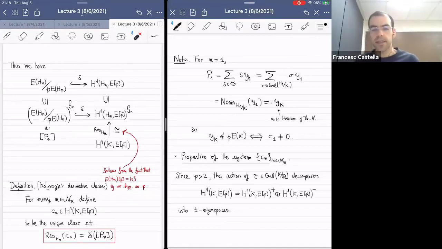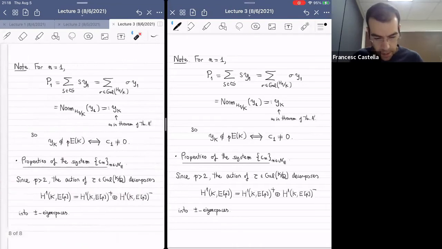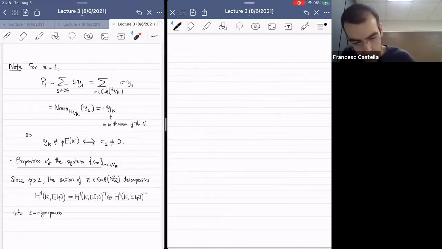And what we're going to see is that each of these C_n lands in one of these eigenspaces, but the eigenspace in which they live will actually alternate every time we add a prime to the conductor. Okay, so this is proposition 4, I guess.